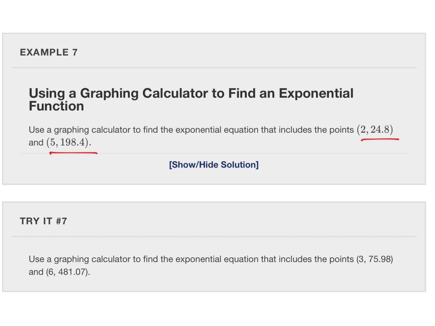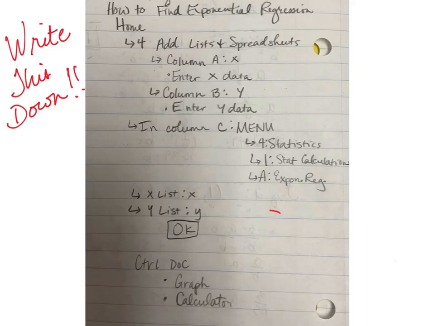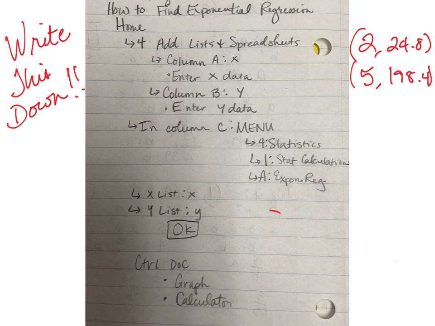Okay, so on your calculator, go to your home screen. Remember our points were 2, 24.8 and 5, 198.4. On your home screen, you're going to push new. Okay, go over to the right, push new.